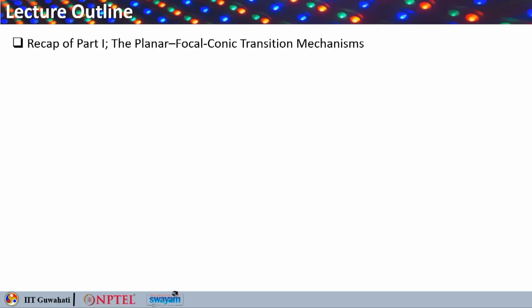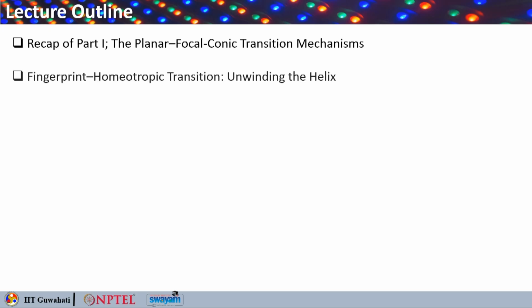So here is the lecture outline. We'll have a brief recap of part 1. We'll talk about the planar focal conic transition mechanisms. Here we'll be focusing on the new ones as well, the fingerprint homeotropic transition that leads to unwinding the helix.